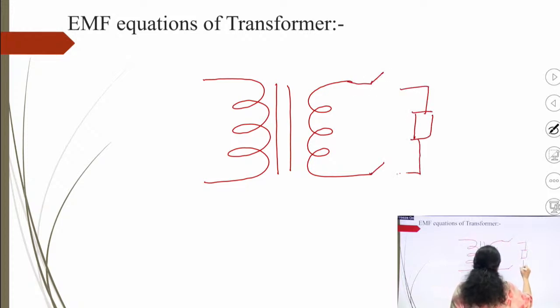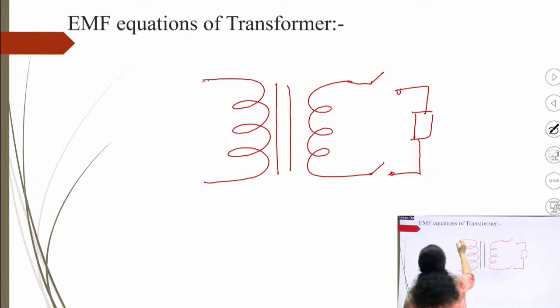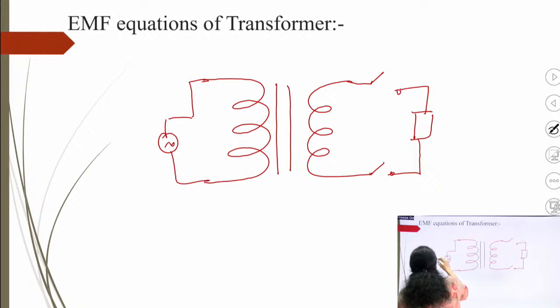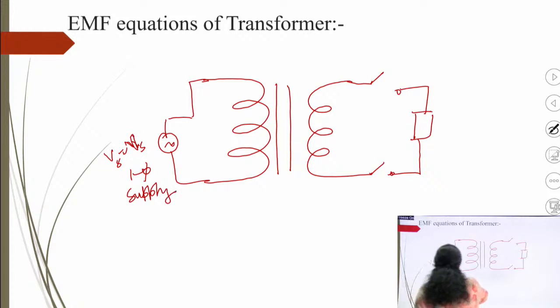This is the load and this is the supply, the single phase input voltage.